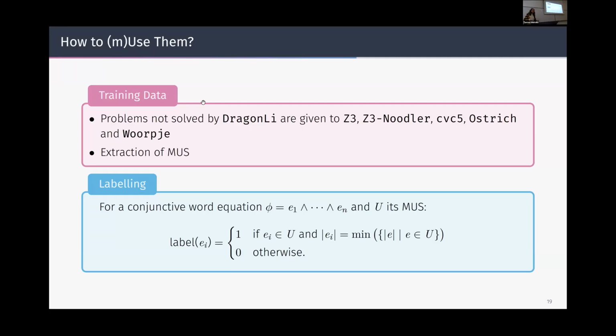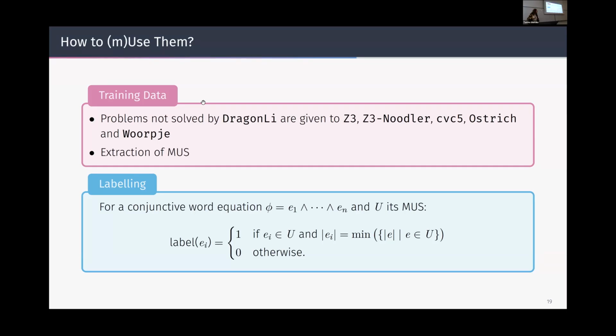And once we have this MUS, we label the equations. For equations that are not part of the MUS, their score is 0. And for equations that are part of the MUS, we only label the shortest one in the MUS as 1, because when we ask Dragonly to rank equations, the question we ask is mostly, okay, which equation can make the whole thing unsatisfiable?